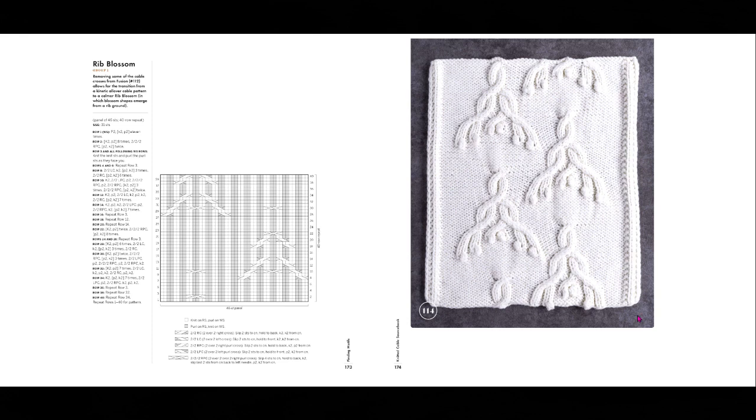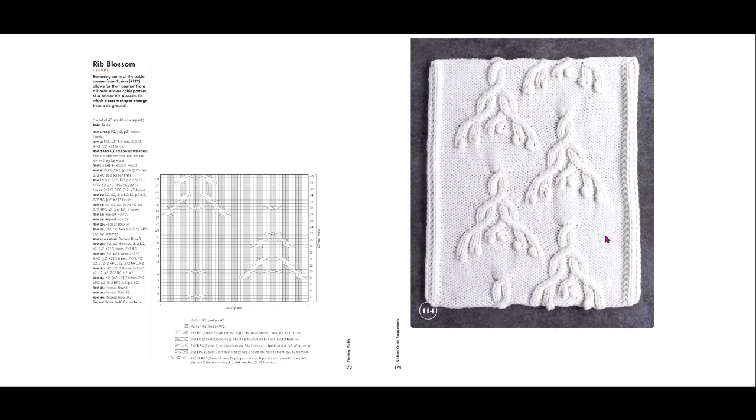So if I knit from top to bottom, this side will be top. But in the picture, this side of the pattern will be the bottom, because the pattern reads from the bottom, right?